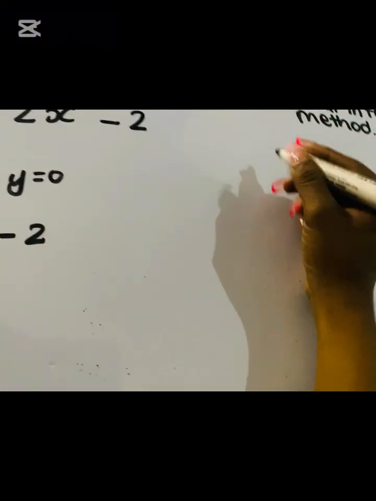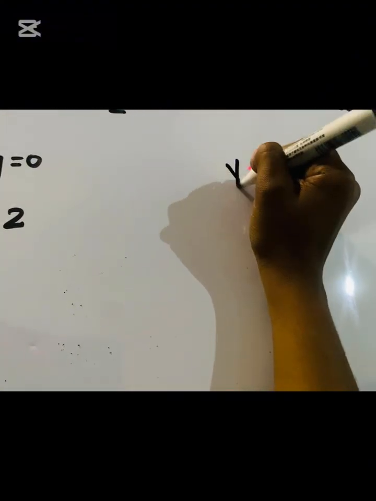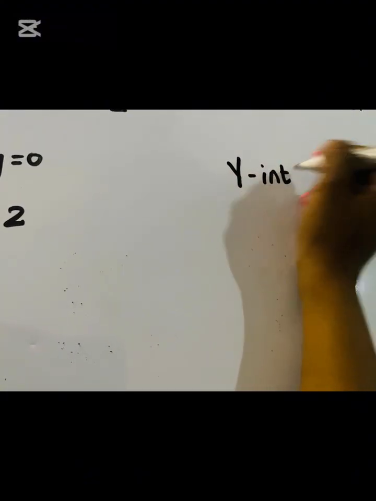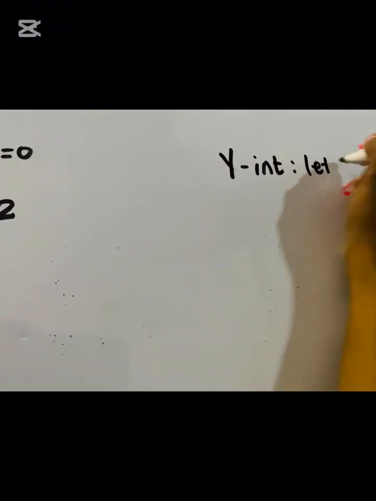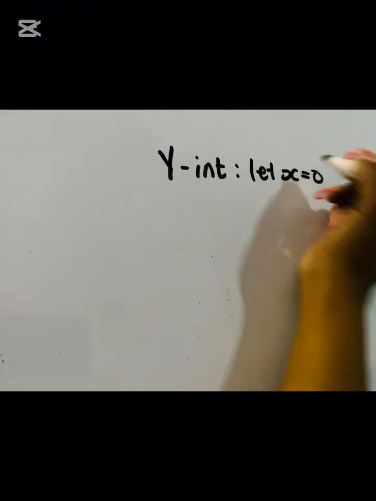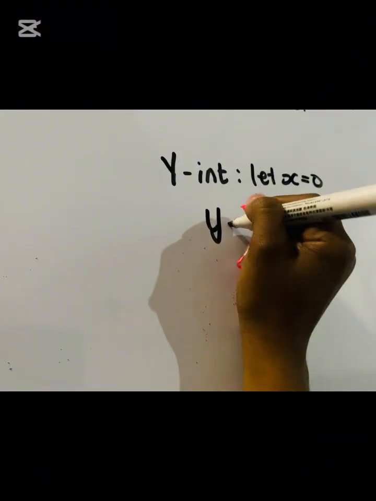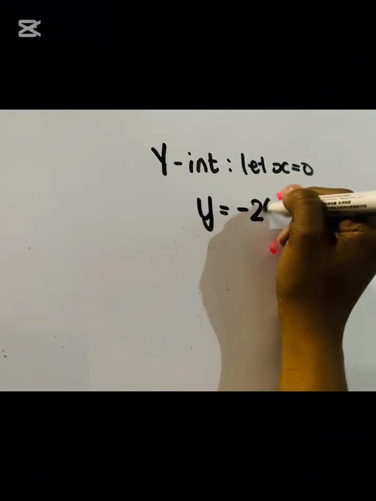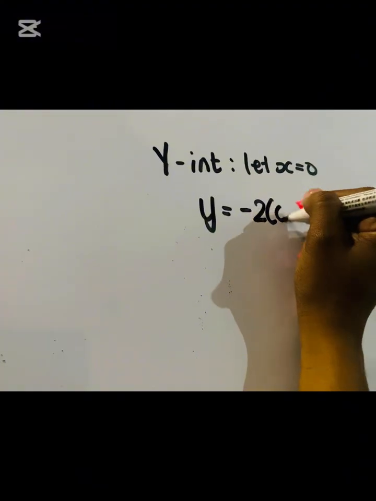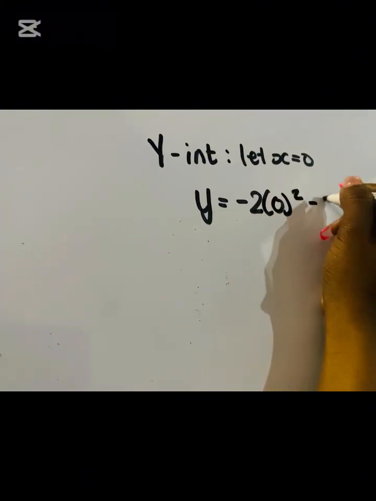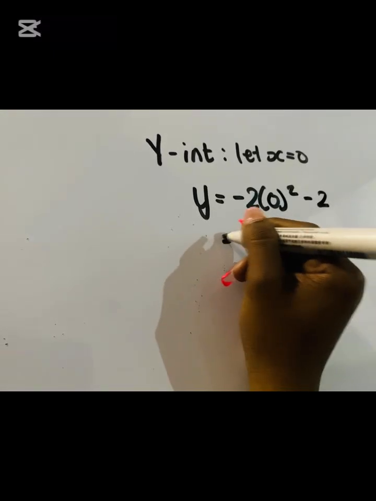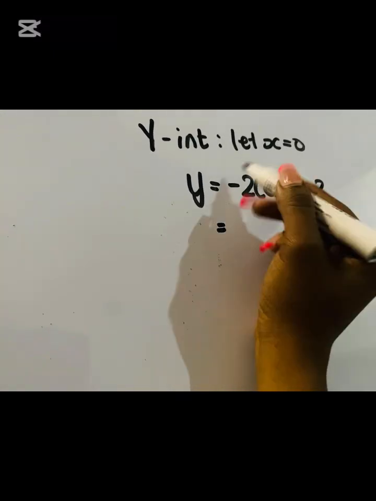Right, let's leave it. Let's do our y-intercept, where we let x equal to 0. So y is equal to negative 2. In the place of x, we put 0, minus 2. Okay, so let's solve this part.